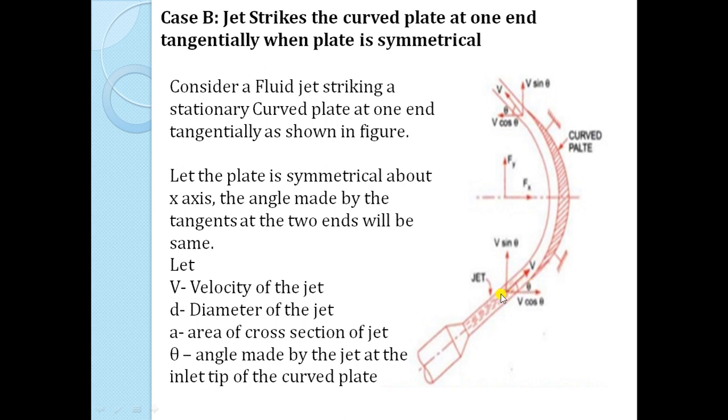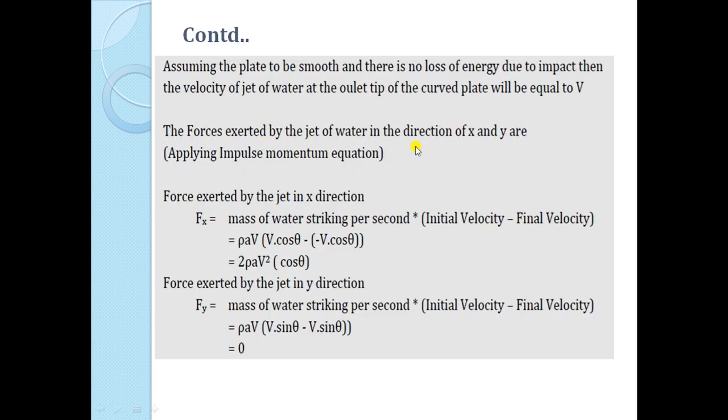And as I said, if the jet is hitting the curved vane with an angle theta, at this outlet tip also, the angle made by the jet with respect to horizontal will be theta. The forces exerted by the jet of water in the direction of x and y are, force exerted by the jet in x direction is Fx, which is mass of water striking per second into initial velocity minus final velocity.